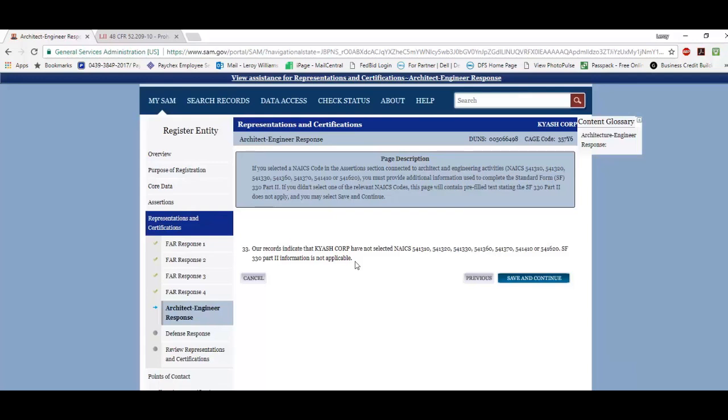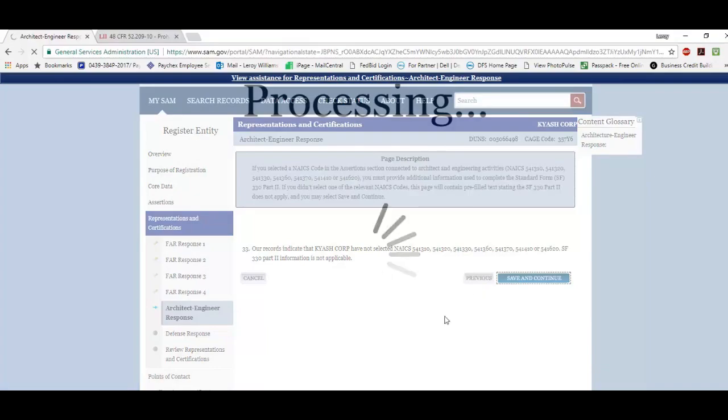So these NAICS codes are probably related to those areas, engineering and construction. So we wouldn't have to fill out SF 330 Part 2. And yeah, I remember there are a lot of cross references to other regulations, and you have to kind of look those up if you don't know them. So we're going to hit save and continue.